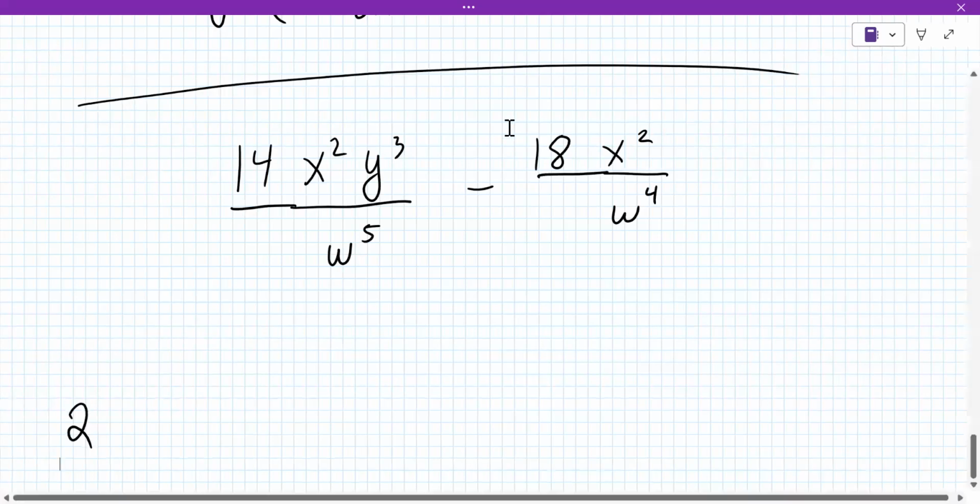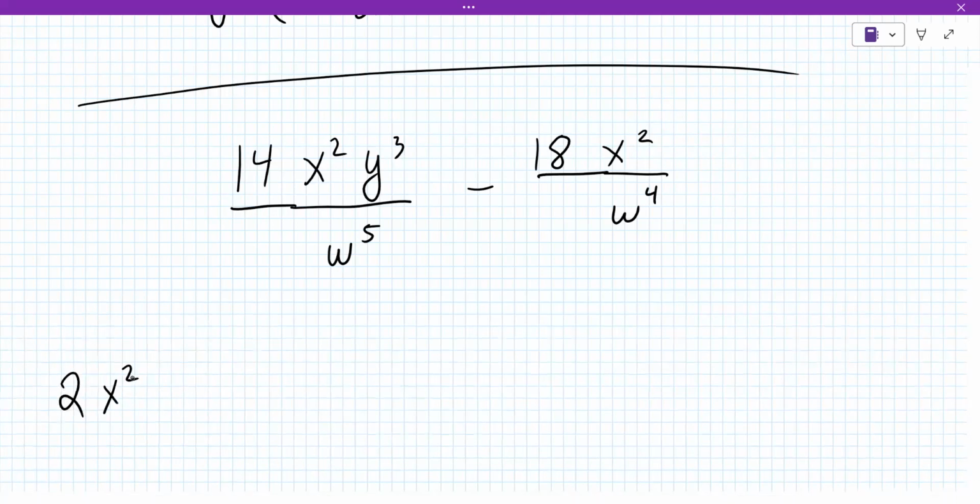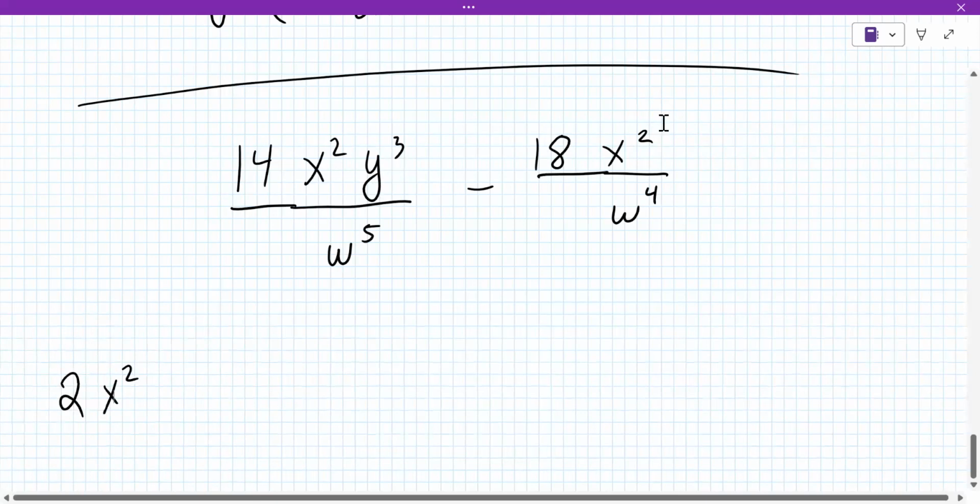Now you go just letter by letter between x squared and x squared, and then it's x squared. Yes. Okay, and then y cubed and nothing.